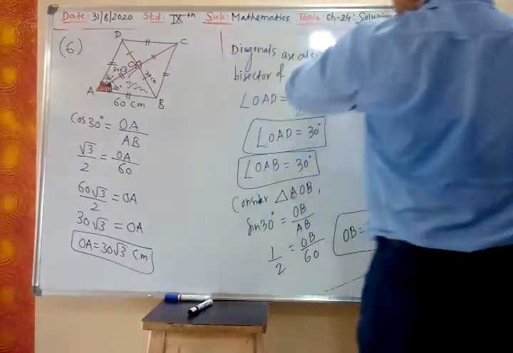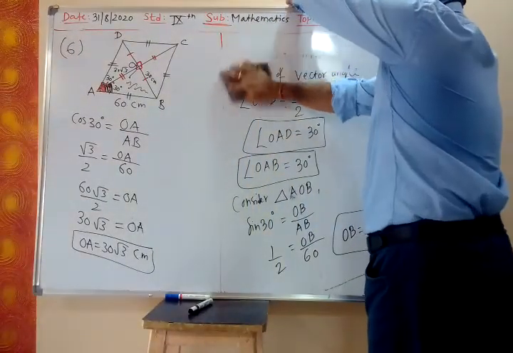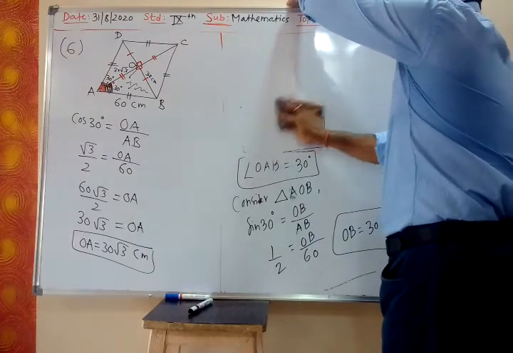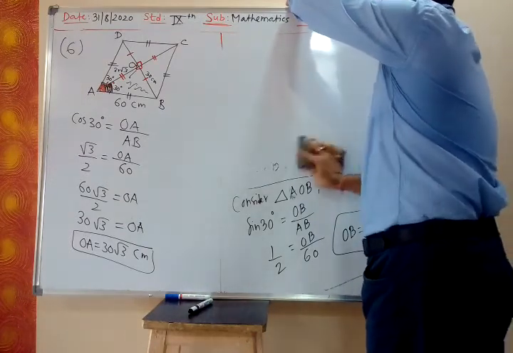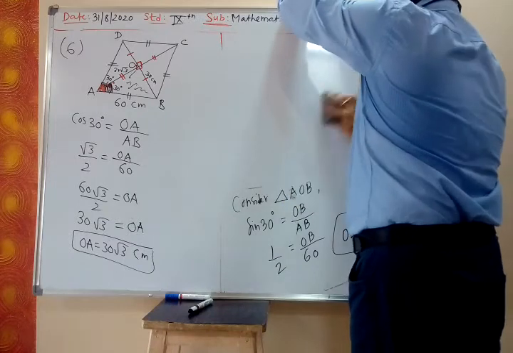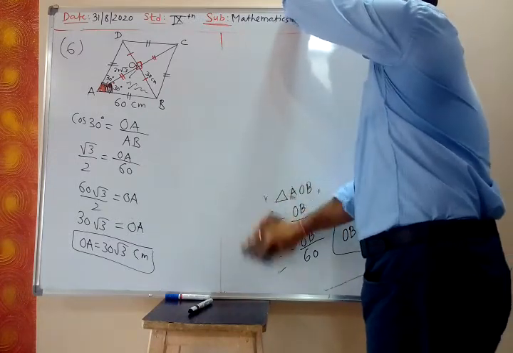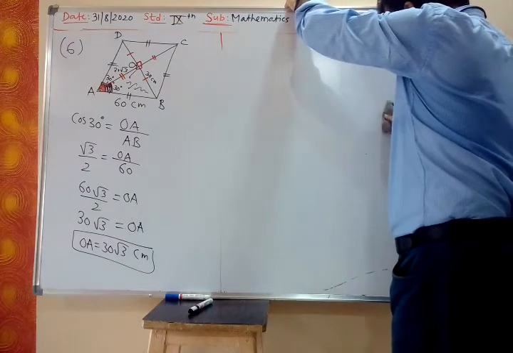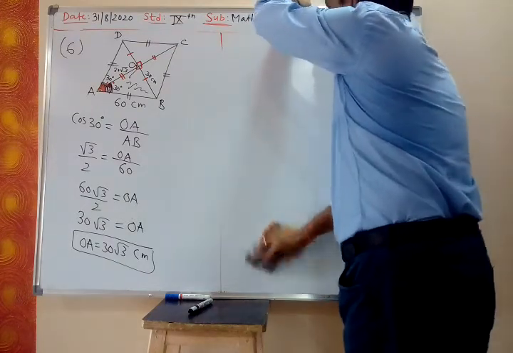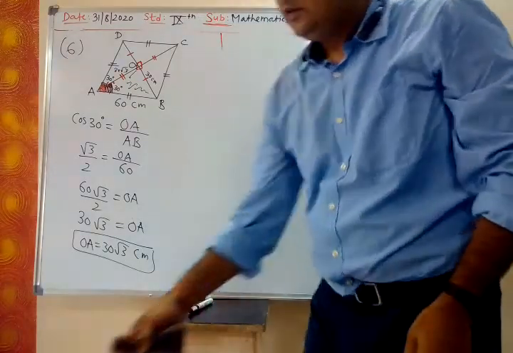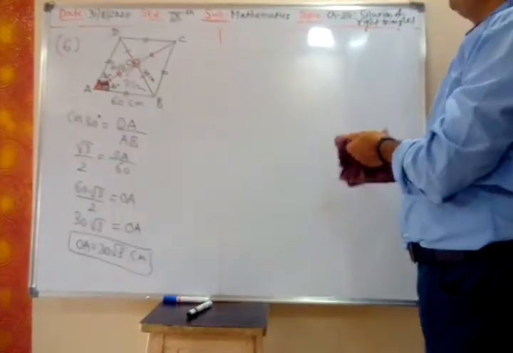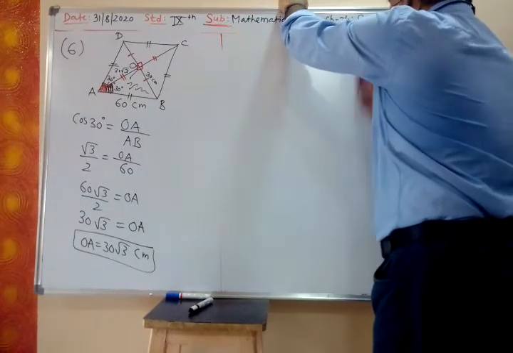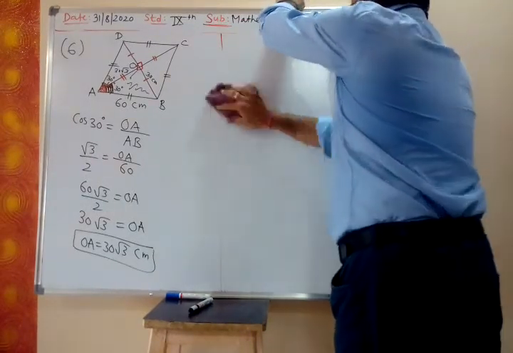So now write that: find the diagonals AC and BD. So write, AC is 2 times OA.